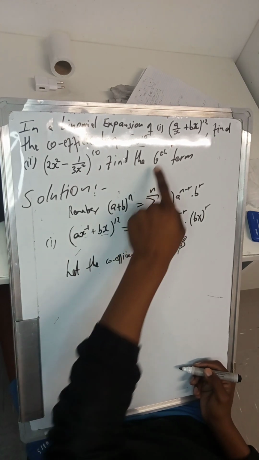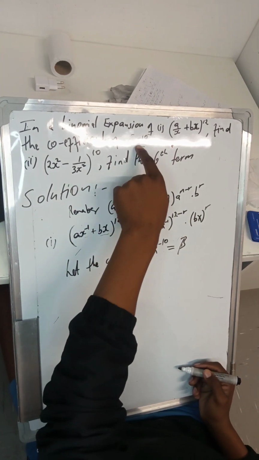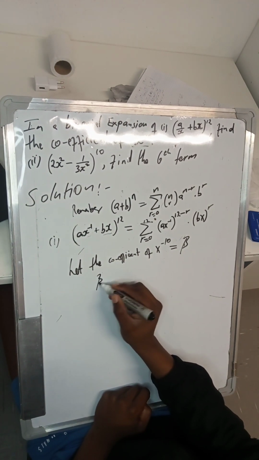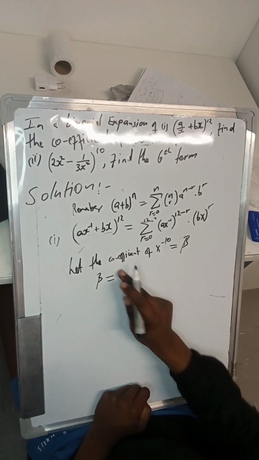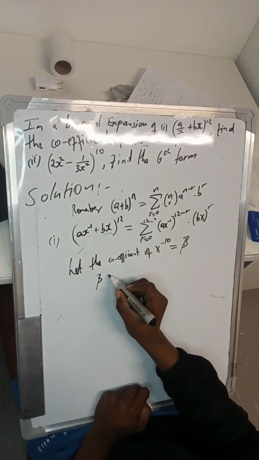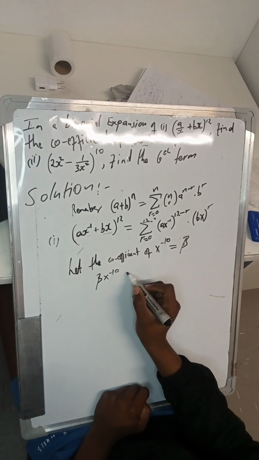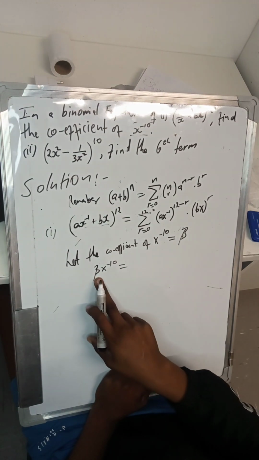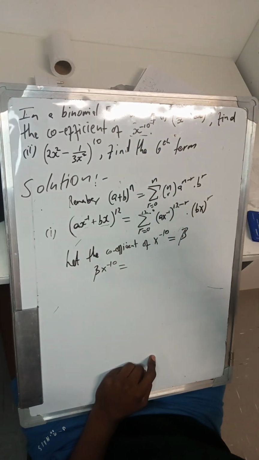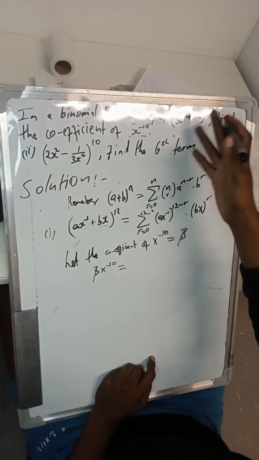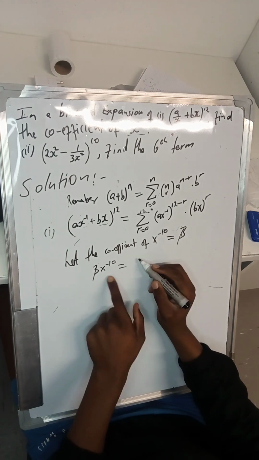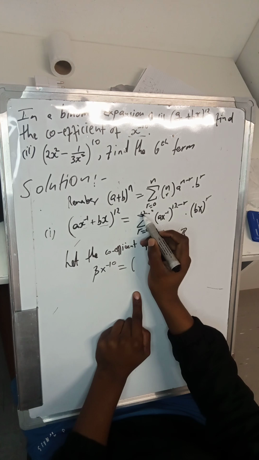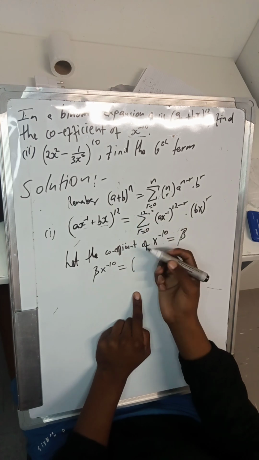So I let the coefficient of this term be beta. So now beta x to the -10 has to be equal to, since this term comes from this binomial expansion, we have 12 here as our n.